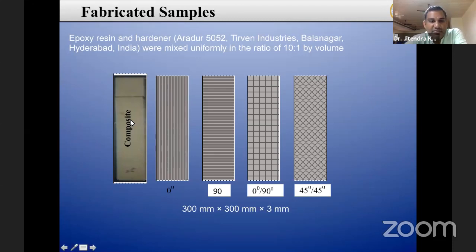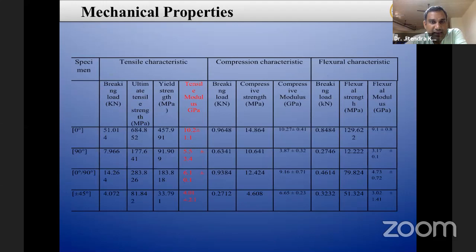So this is the composite, and here we use 0-degree fibers, 90-degree fibers, and 45-degree fibers. These are the different fabricated samples in that nanocomposite. Each orientation we tested for the tensile, compression, and flexural test.